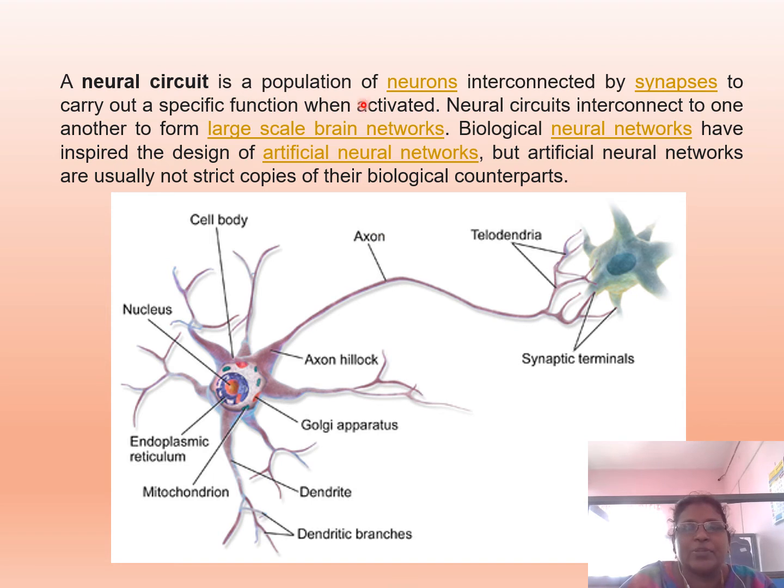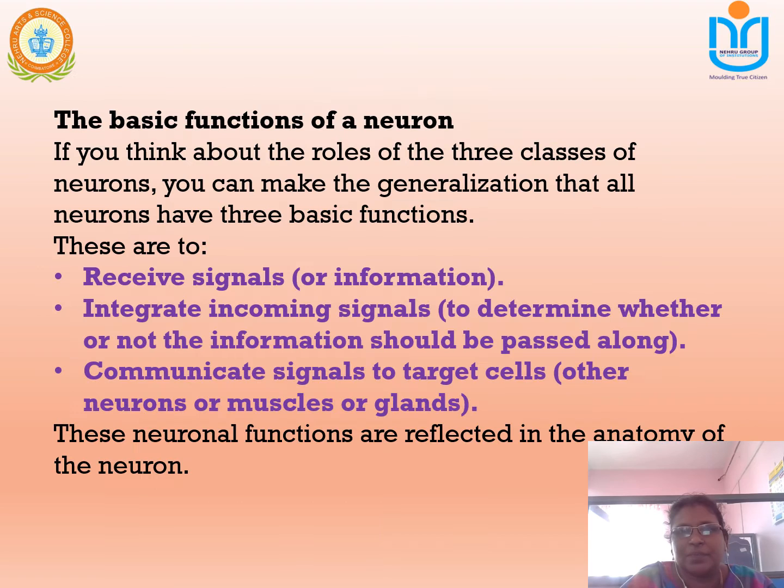A neural circuit is a population of neurons interconnected by synapses to carry out a specific function when activated. Neural circuits interconnect with one another to form large scale brain networks. Biological neural networks have inspired the design of artificial neural networks, but artificial neural networks are usually not strict copies of their biological counterparts. So what are the basic functions of neuron?